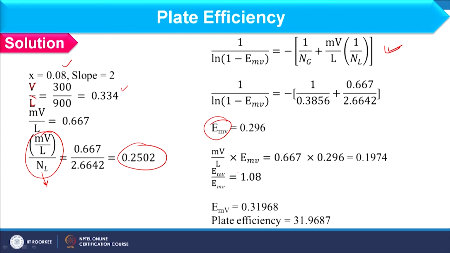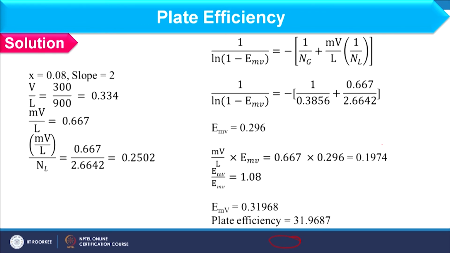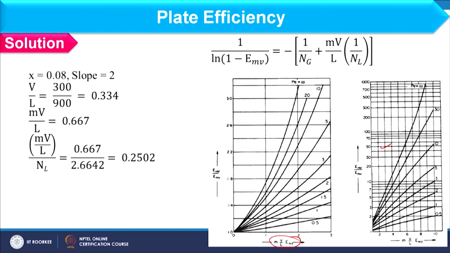So, here we can calculate point efficiency, and you can use the graph further to find out plate efficiency. Let us see that. Here I have the plate efficiency, and this parameter I have to calculate first, which I can obtain as 0.1974, and that value will lie somewhere here, and the Peclet number curve is here.